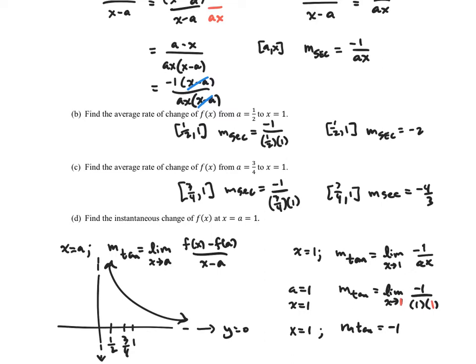So if I do, let's say, the slope of the secant line from 1/2 to 1, I'm being told based on my calculations that that slope is -2. And then the slope from 3/4 to 1 on this function is -4/3. Okay, so -4/3, that looks reasonable, even though my sketch isn't to scale.